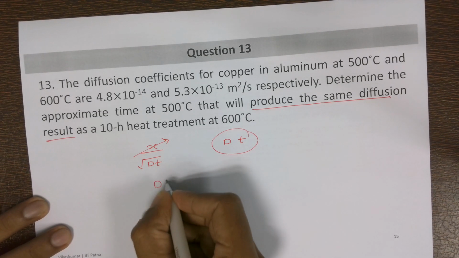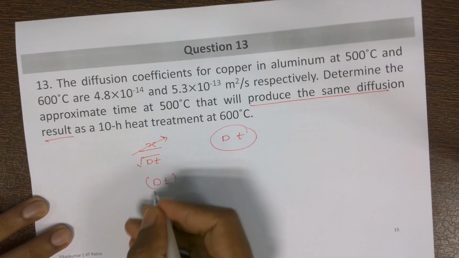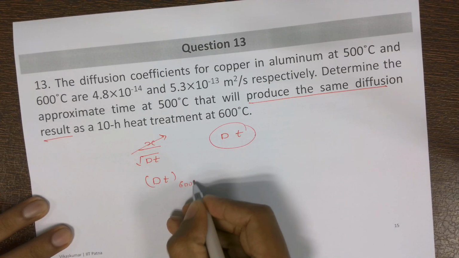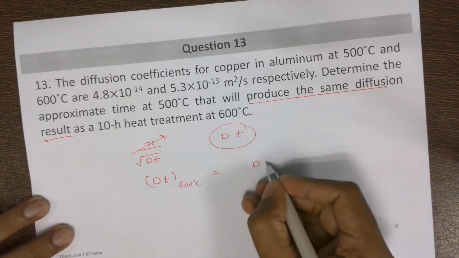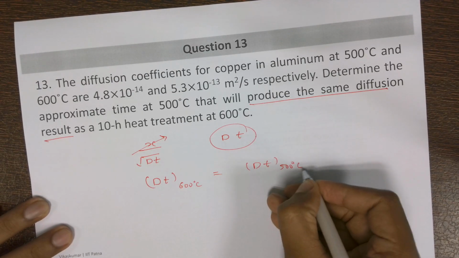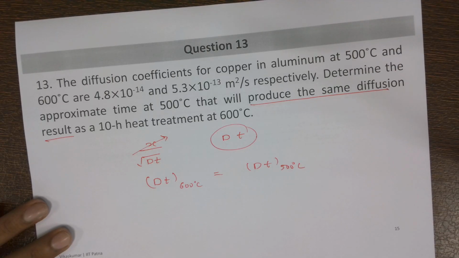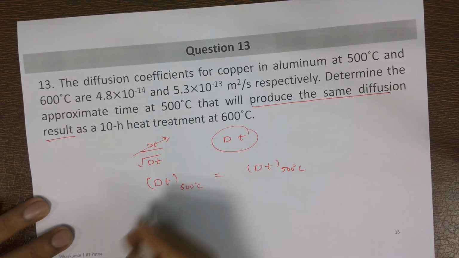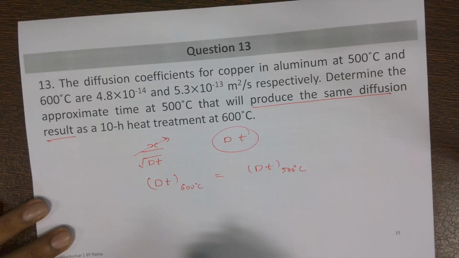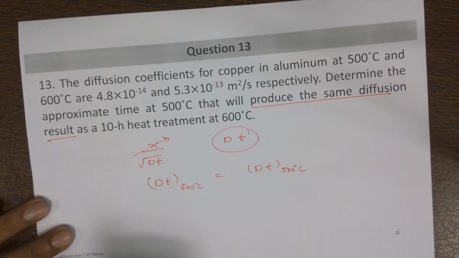So D into t for the same result at, let's say, 600 degrees Celsius should be equal to the D into t which produces the result at 500 degrees Celsius. The diffusion coefficient D is given to us. So now let's try to formulate.